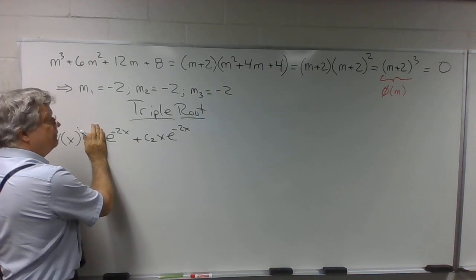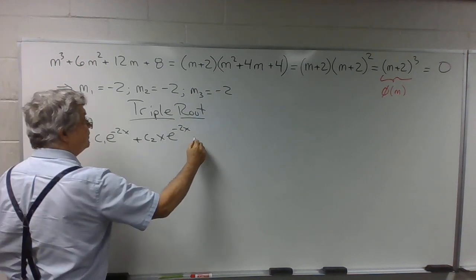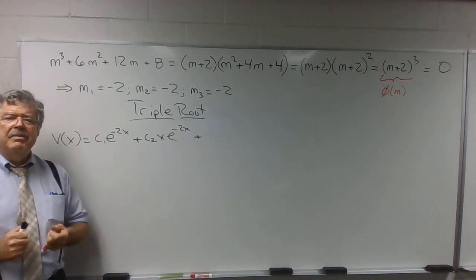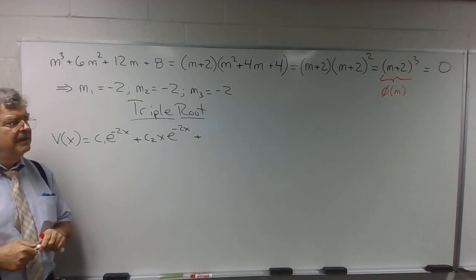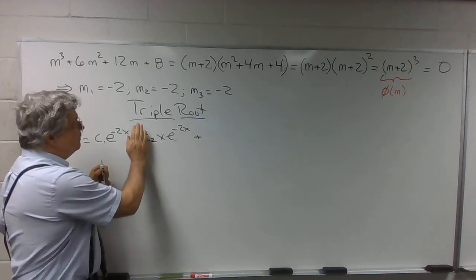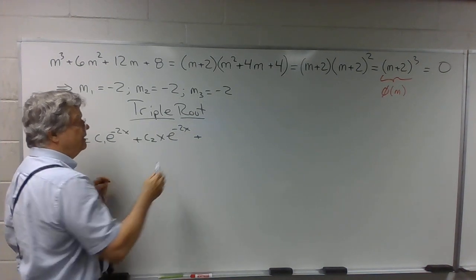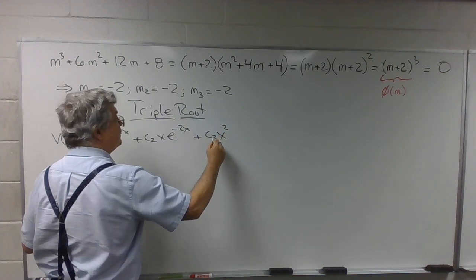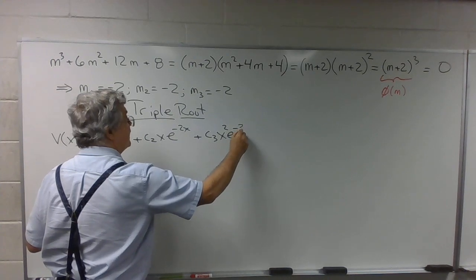Take e to the negative 2x and multiply it by x, and that gives us another independent solution. But we still need a third independent solution, so how are we going to get that? Based on what we've already done, we might say, take this thing right here and multiply it by x. And you know what? That's exactly what we do. So we'll have c sub 3x squared e to the negative 2x.